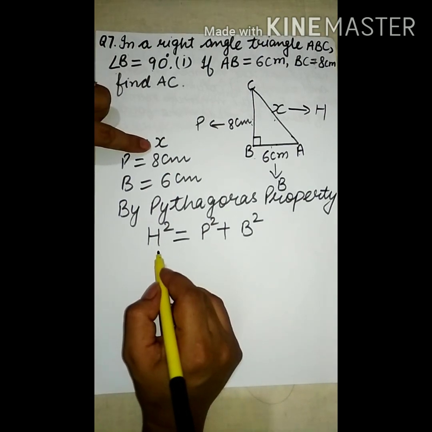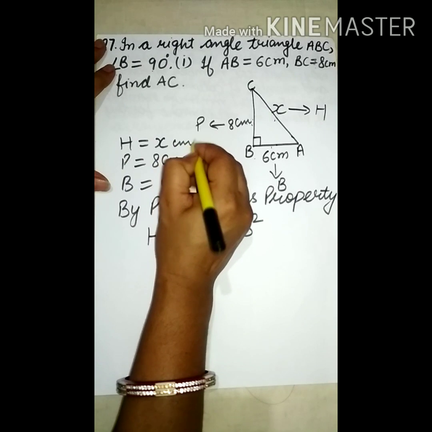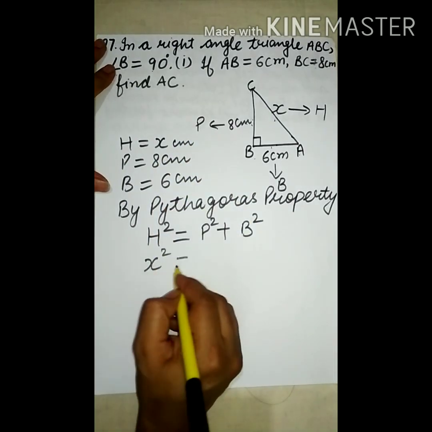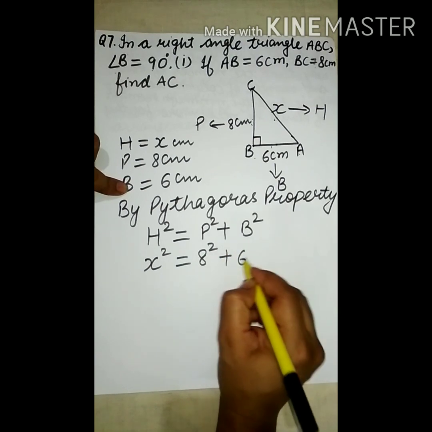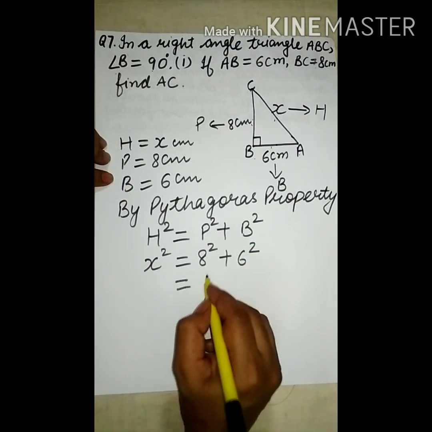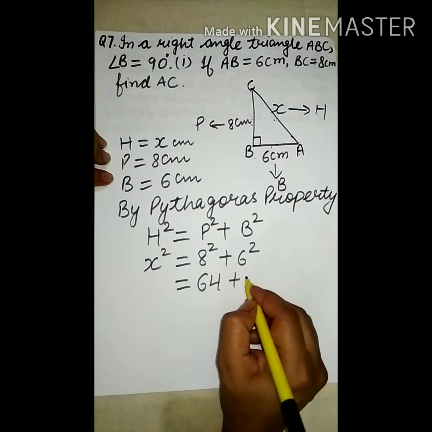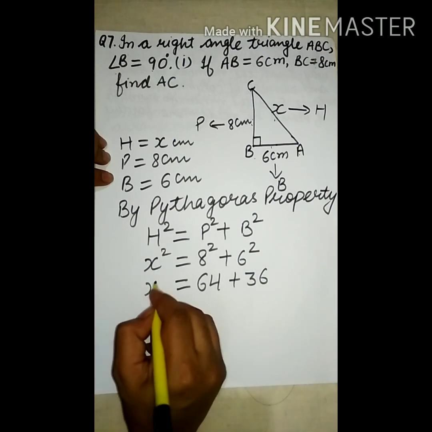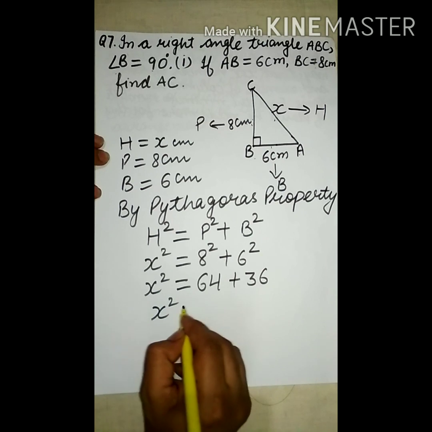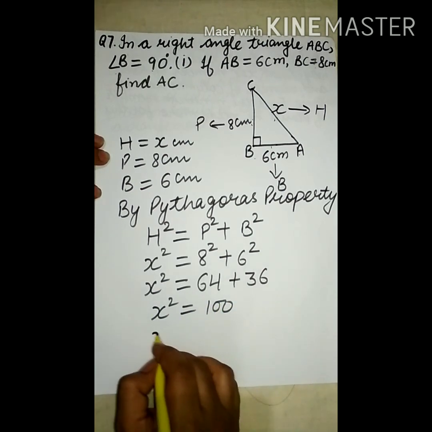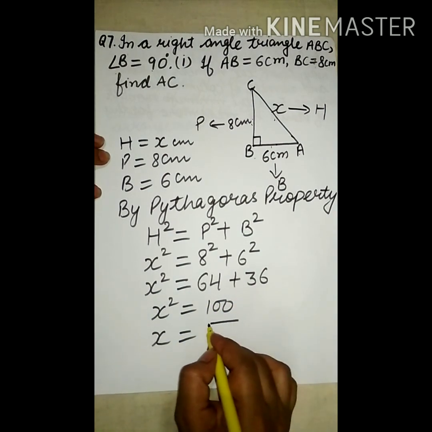Here I have taken H is equal to X centimeter. So the square of X is equal to the square of 8 plus the square of 6. Square of 8 is 64, square of 6 is 36. So the square of X is equal to 64 plus 36, and X square is equal to 100, and X will be equal to the square root of 100.